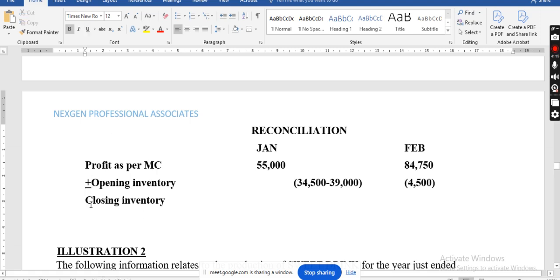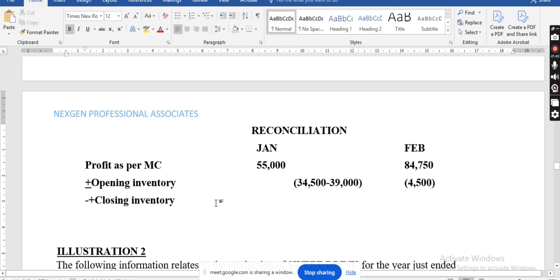Plus and minus. Now, closing inventory will be minus and plus. Let me just put it this way: minus and plus.